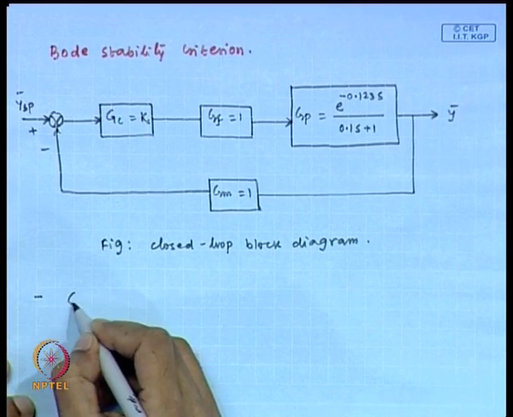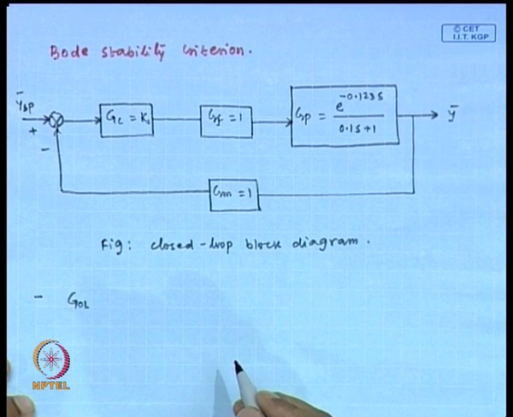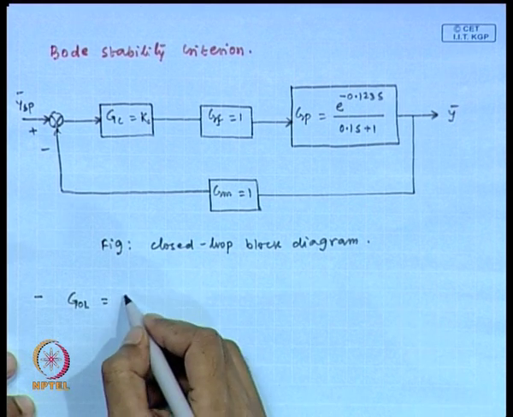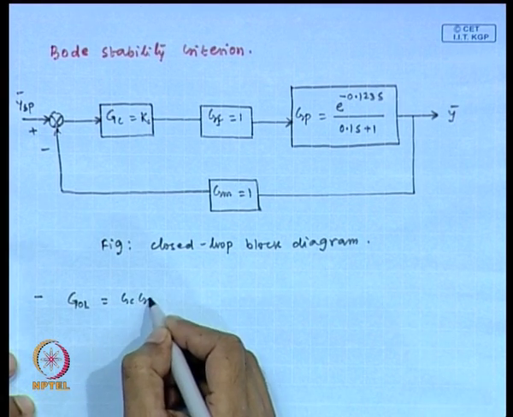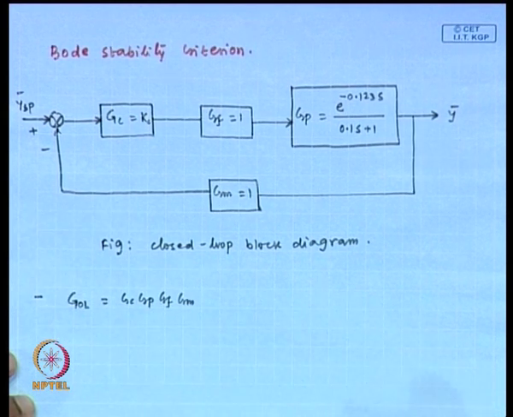We need the open loop transfer function. Open loop transfer function we denote by G suffix OL, which is nothing but the multiplication of all 4 transfer functions GC, GP, GF, GM.